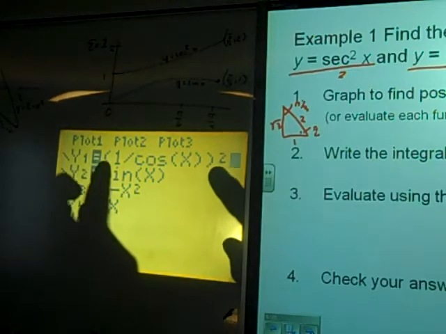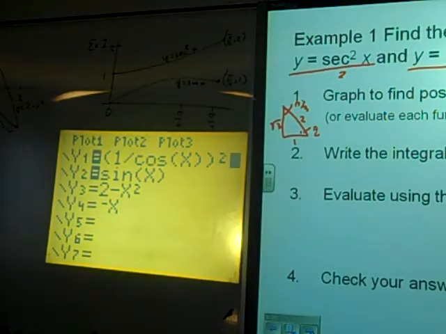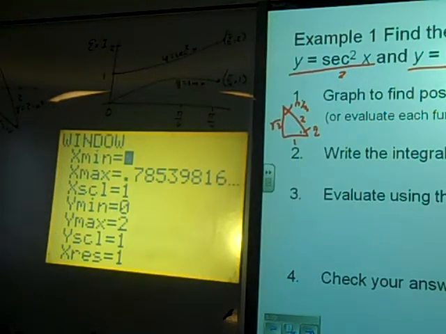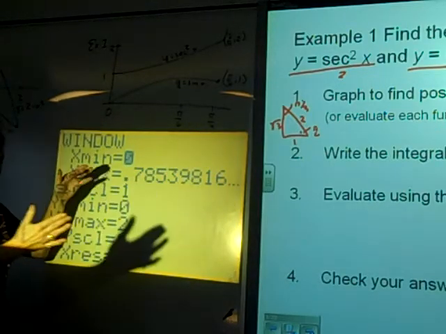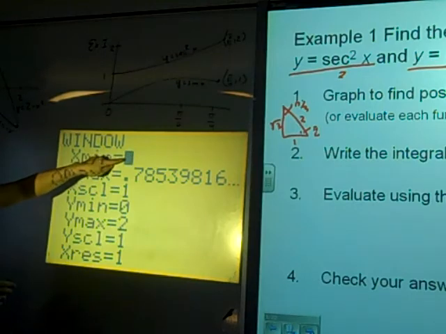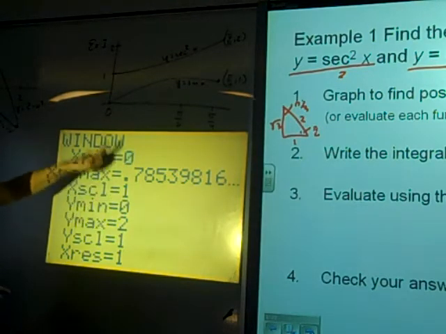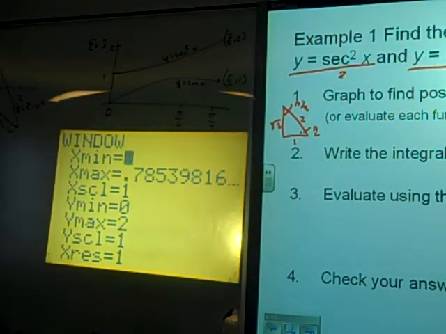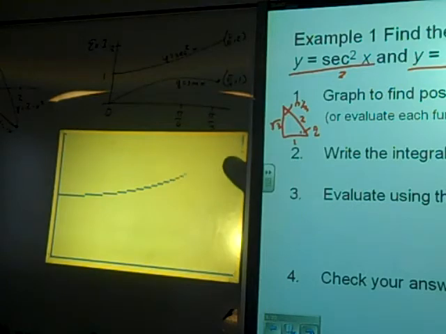So I've got this and then that. And then you can do the sine of x. And then make sure you set your window over the window they're asking for, just to make your life a little easier, so you know what you're seeing. 0 to pi over 4 by 1s, and 0 to 2 I went here. And if you do, you'll see, here's your graph. This is my secant squared.